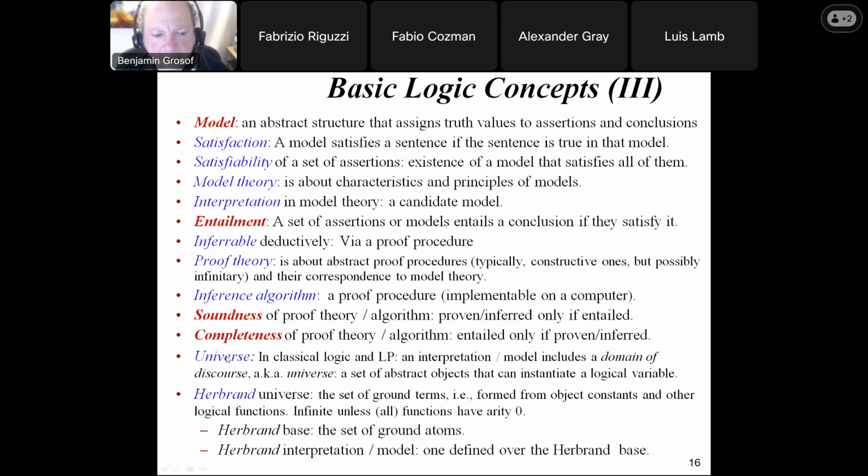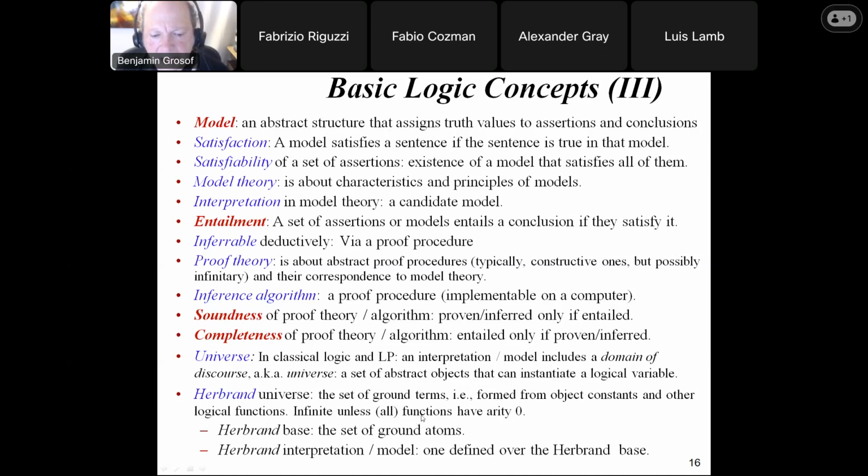A universe, in the sense of logic and KR in both classical and LP, is an aspect or abstract portion of an interpretation or model, which specifies a domain of discourse. That is, a set of abstract objects that can be the instance of a logical variable. A Herbrand universe is the set of ground terms that is formed from object constants and other logical functions.